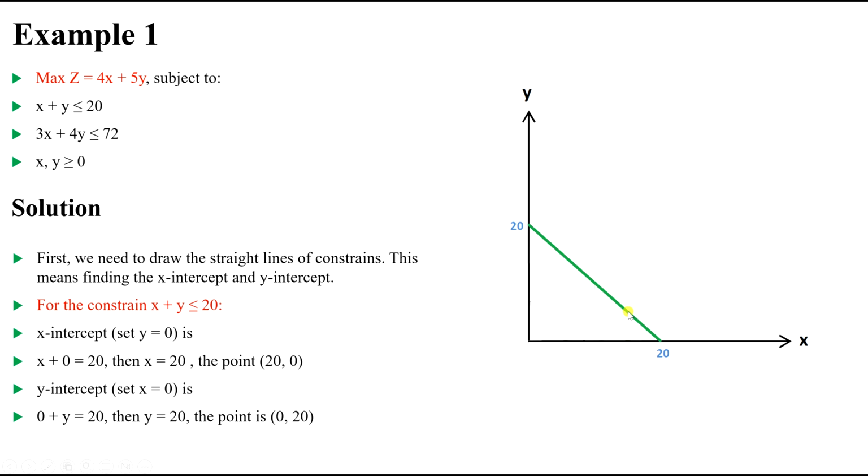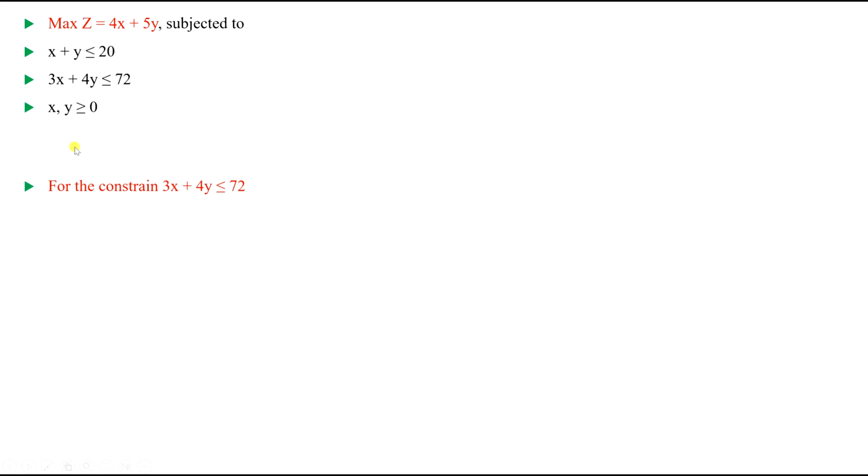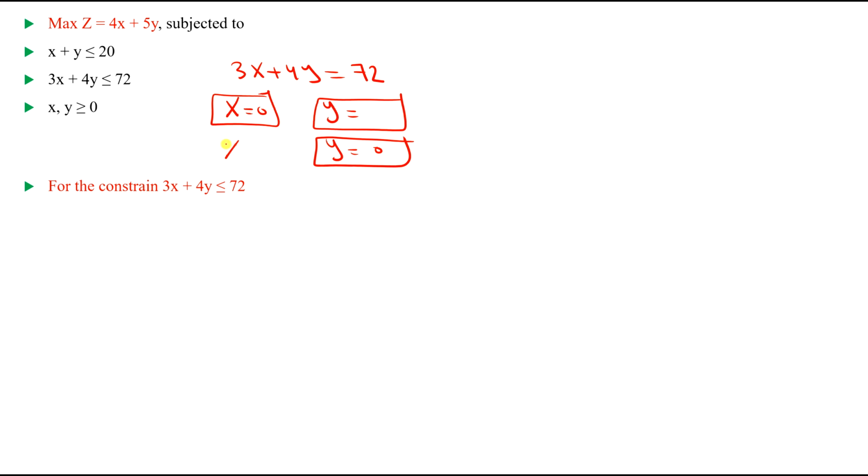I'm going to do the same step for the second constraint. In the second constraint, we have 3x plus 4y less than or equal to 72. I will convert it into equality, 3x plus 4y equal to 72. First, I will substitute with x equal to 0 and find the value of y. Then substitute with y equal to 0 and find the value of x, to get 2 points.